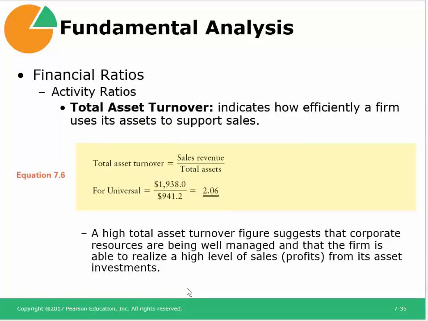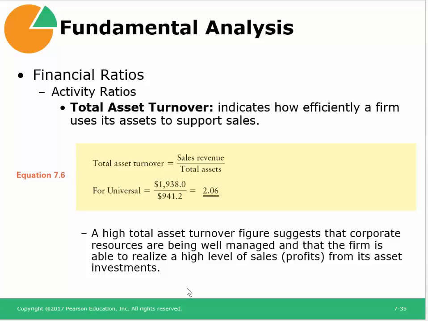There's a total asset turnover ratio. How efficiently are we using the total assets that we've purchased? Now, who decides which assets to buy? Obviously, management does. Have they bought enough assets to run the company profitably and efficiently? Or have they bought too much? So a high turnover ratio reflects that what?